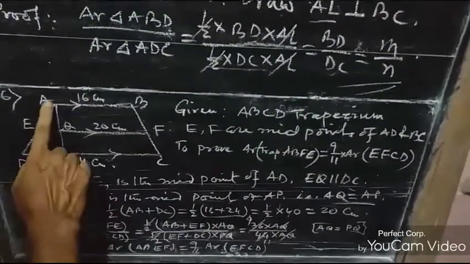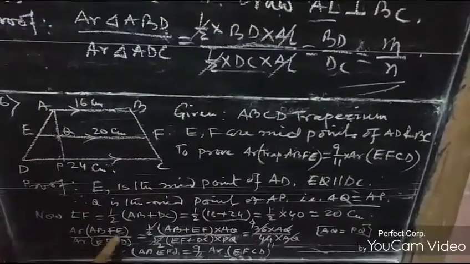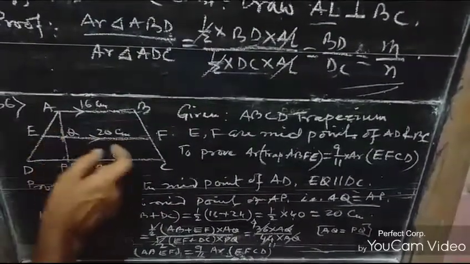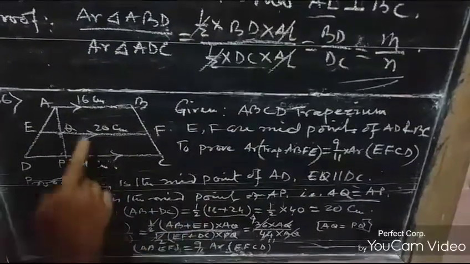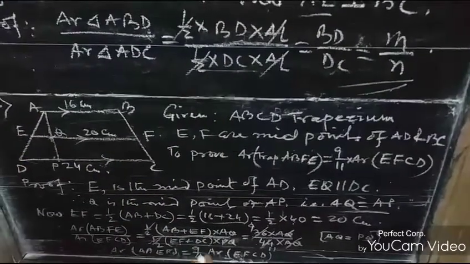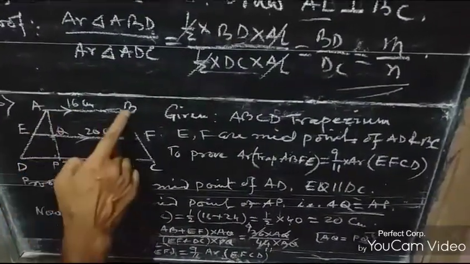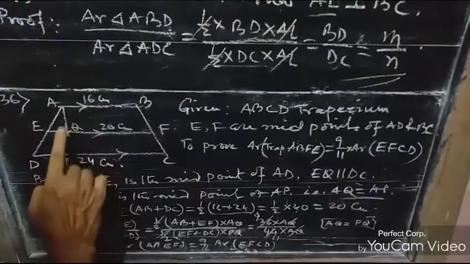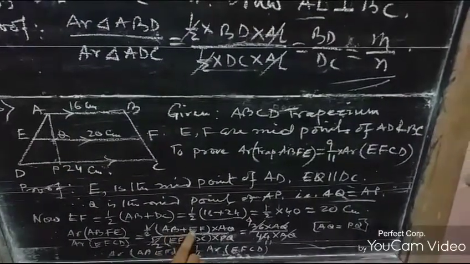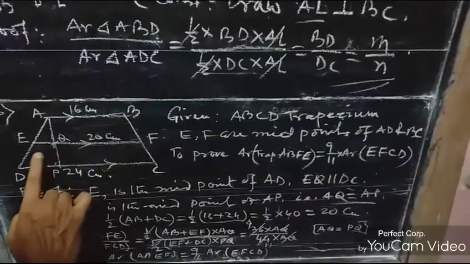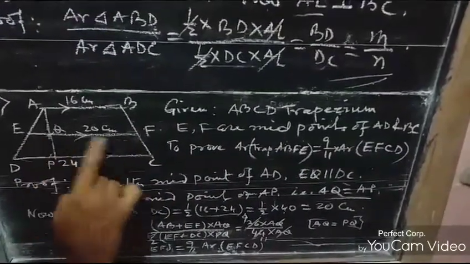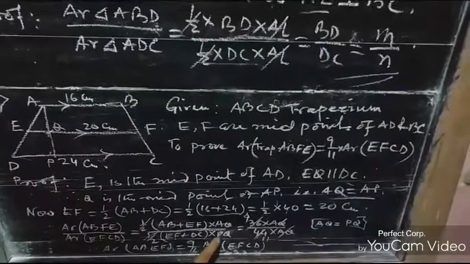Now see, area of ABFE divided by area of EFCD. We know that the area of a trapezium equals half into the sum of the two parallel sides into the distance between them. So the area of ABFE will be half of AB plus EF into AQ, and similarly the area of EFCD will be half of EF plus DC into PQ.